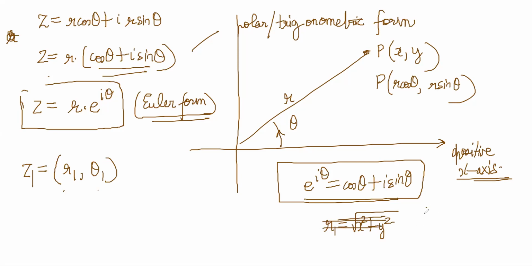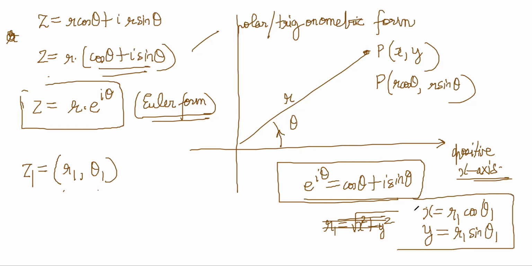You can say that simply x is equal to r1 cos theta 1 and y is equal to r1 sin theta 1, right? So if you can find x and y from r1 and theta 1, then you can write the complex number as x plus iy. So you completely know the complex number if you give r1 and theta 1. So then we can write it as r1 e power i theta 1, because see, this is the form.